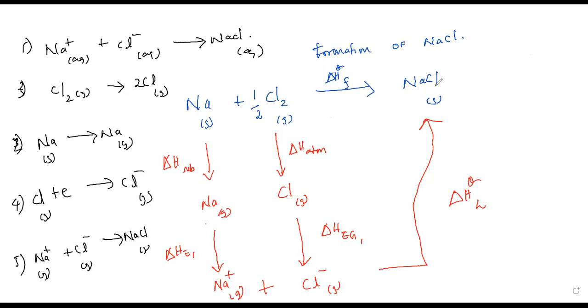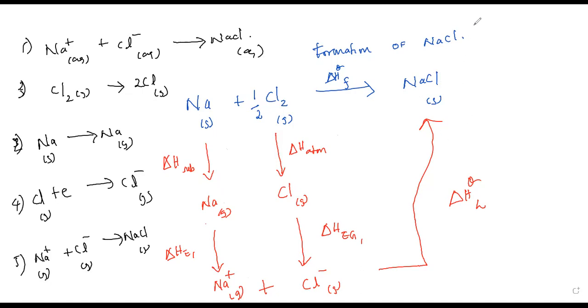Whenever a molecule is formed, it starts from the state in which it appears in the atmosphere. Chlorine is always a gas and sodium is a solid. Now you have to convert into gas, then into ions, with atomization and electron gain energy. Finally you reach NaCl. This is the Born-Haber cycle.